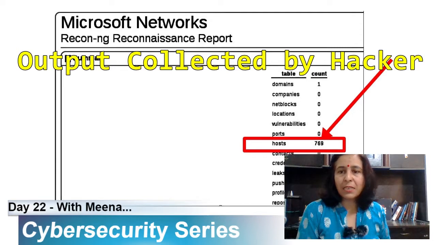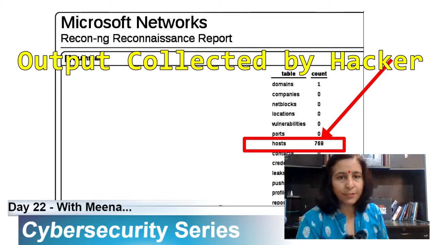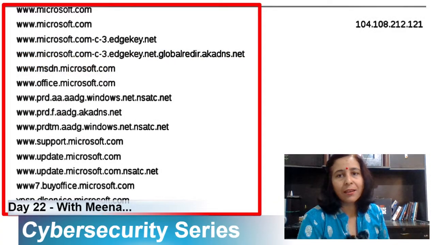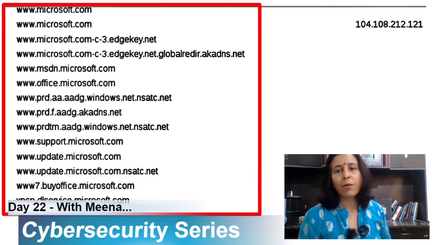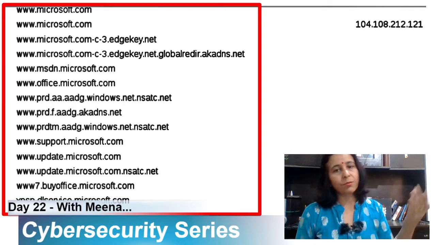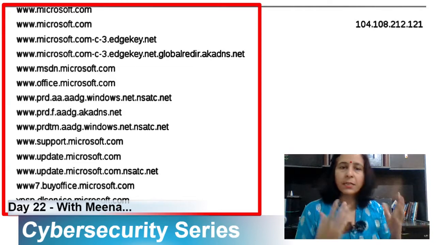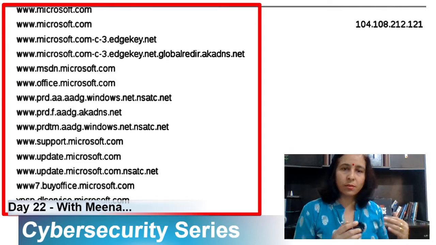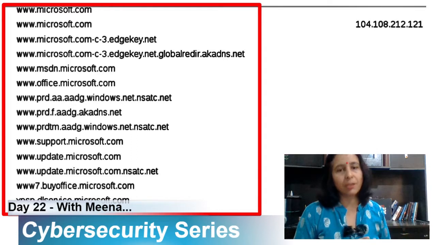It is showing me 769 posts, and let me show you a few of them. Okay, and here it is. You can see I have collected information about Microsoft, and I used the Microsoft.com website, and it gave me a lot of information about it. Similarly, an attacker can also use their tools to find out information about their target.